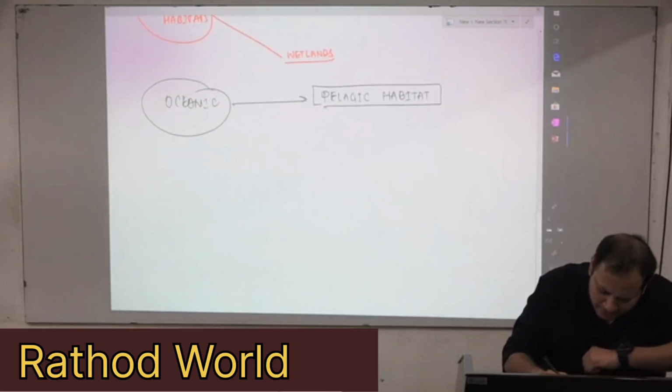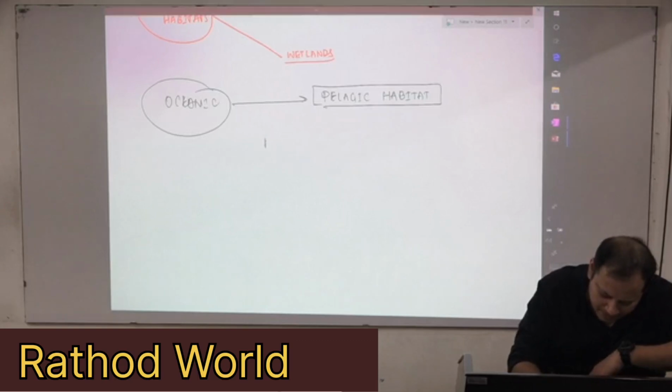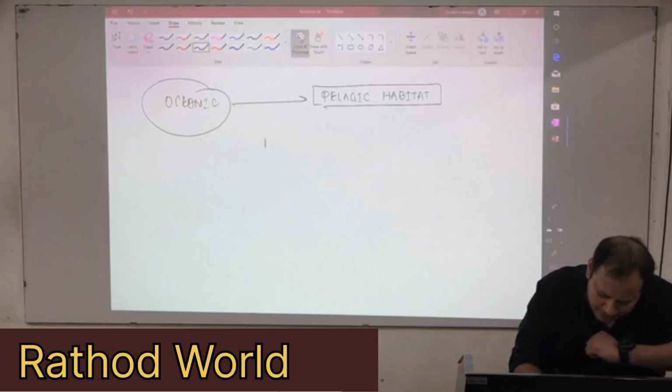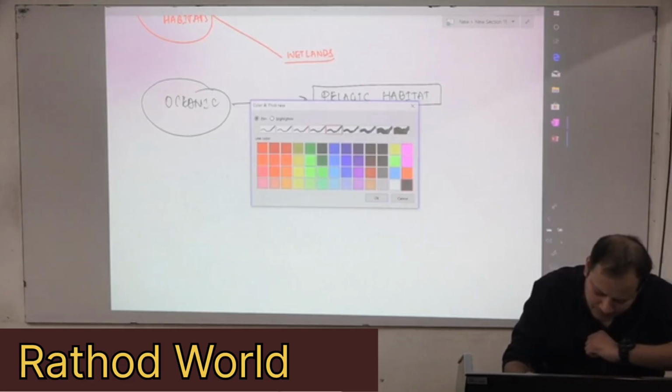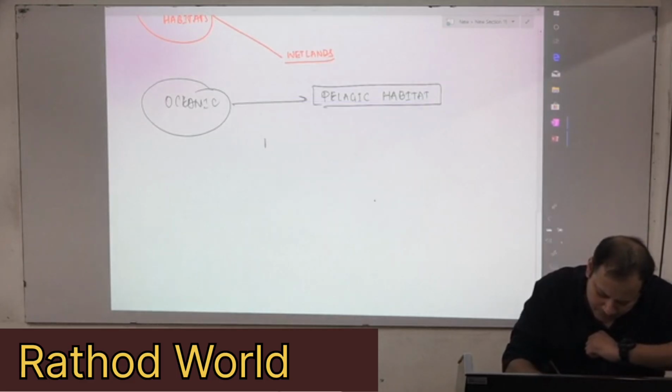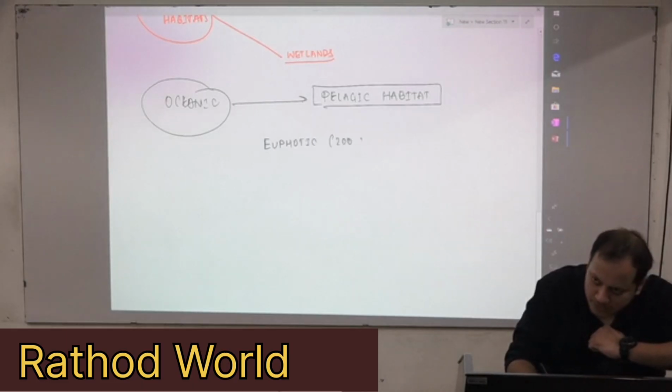Similarly, on the basis of sunlight, it is classified into photic and euphotic. आपको पता है up to 200 meters.